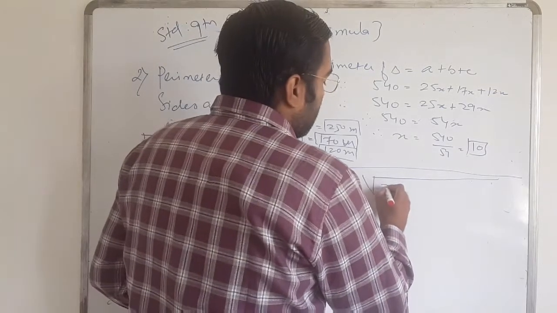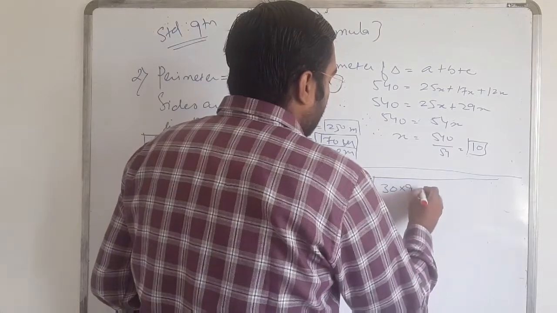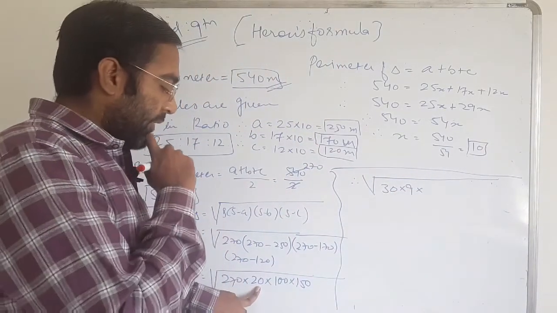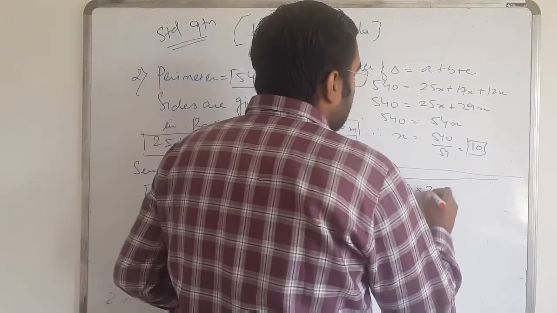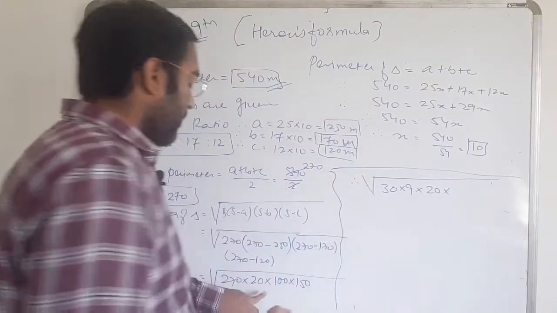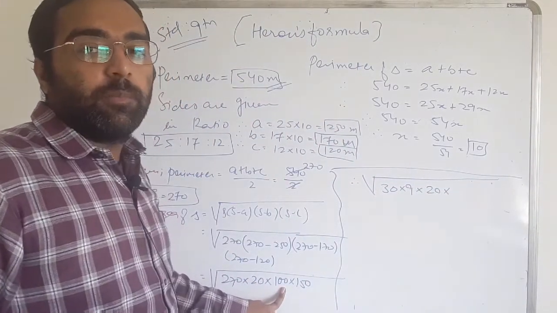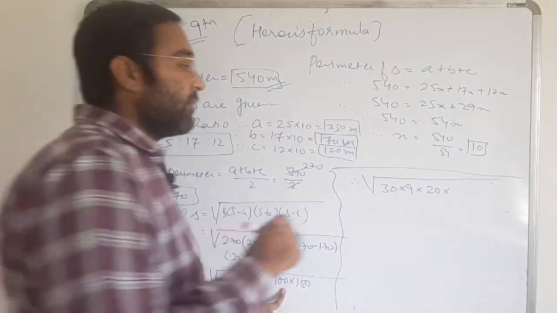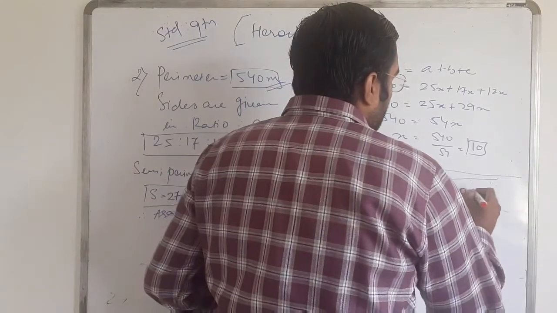So I'll write 30 into 9 for this. Now 20, for 20 we write 20 as it is, because whenever we split 100, we take 25.